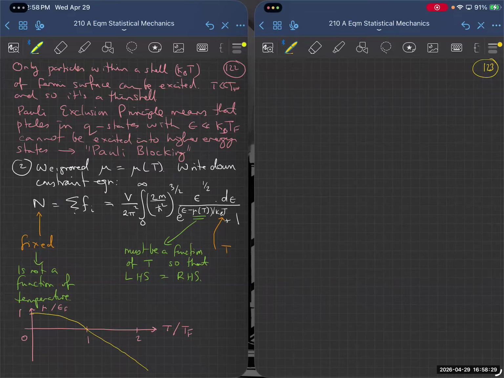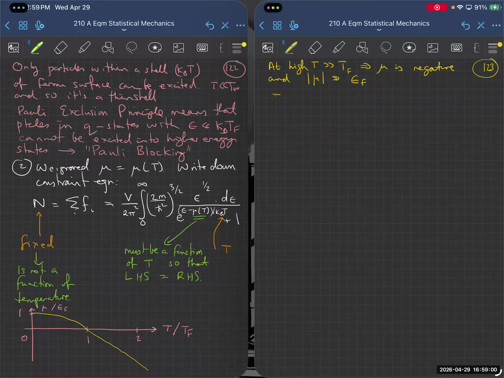And so as we go to high temperatures, T much greater than T_F, then that means that mu is negative, and its magnitude is much greater than the Fermi energy.